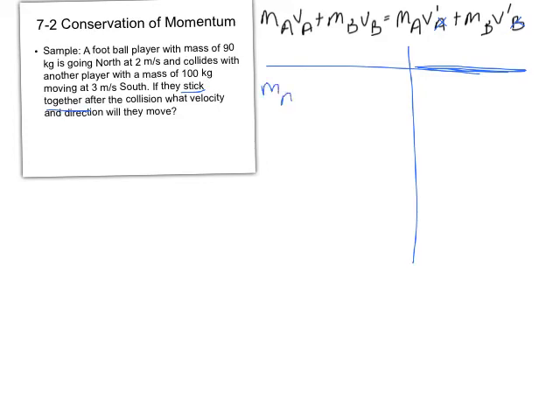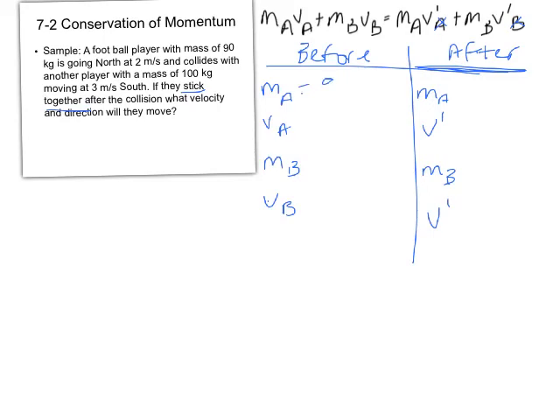So we're going to have separate MAs, MBs, and VAs and VBs for the before, but after, you'll have your two masses, but your velocities no longer have distinguishing letters. They are the same velocity. So if you write it that way, it doesn't end up feeling like you have two unknowns to solve for. Really, we only have one, because they're going to be moving at the exact same velocity.